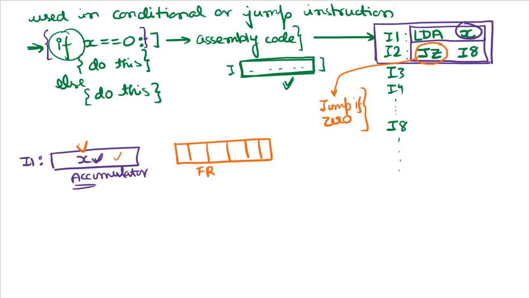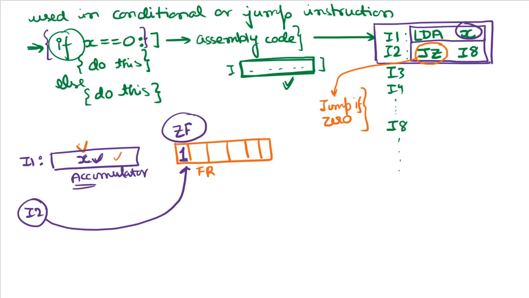As soon as instruction I2 comes inside the CPU, the control unit sees that it is JZ, jump if 0. So the control unit checks the zero flag. Zero flag states whether the value present inside the accumulator is 0 or not. If x is 0, then the value here will be 1.